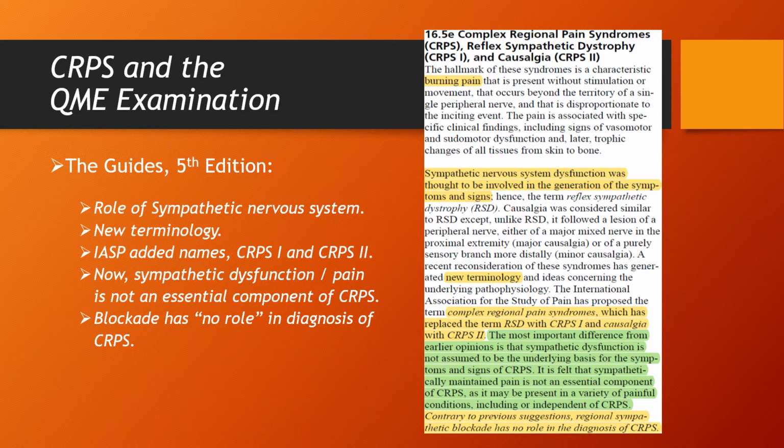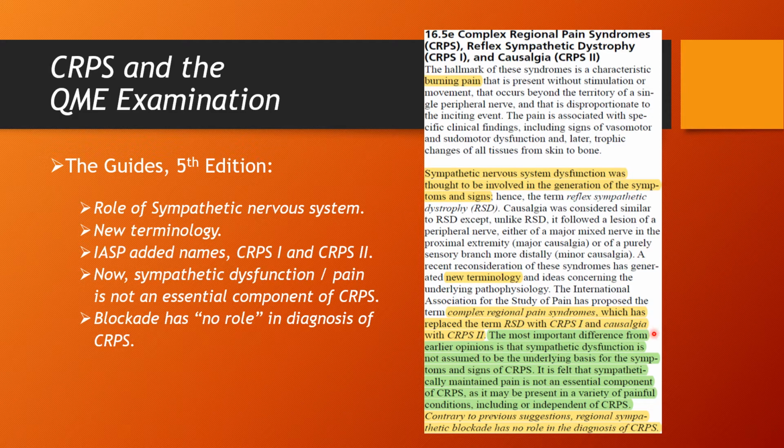So then they go on to tell us about a recent reconsideration. Now, when they say recent reconsideration, keep in mind the AMA Guides was published in 2001. So we're going back to 2001, and they said, well, we have some new terminology. RSD is replaced with CRPS 1 and causalgia with 2.